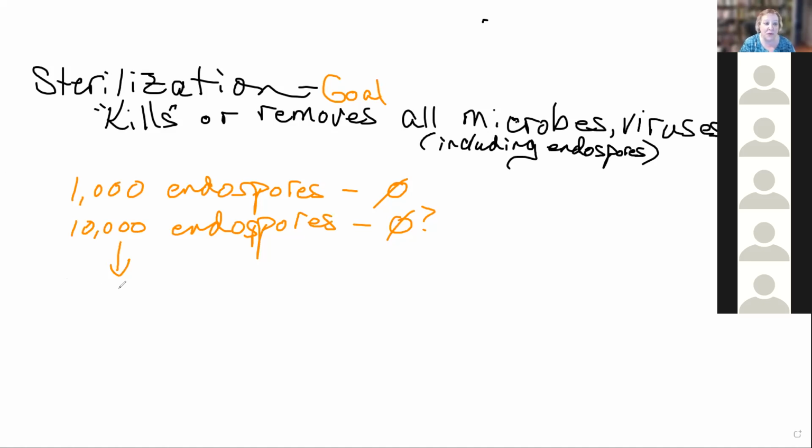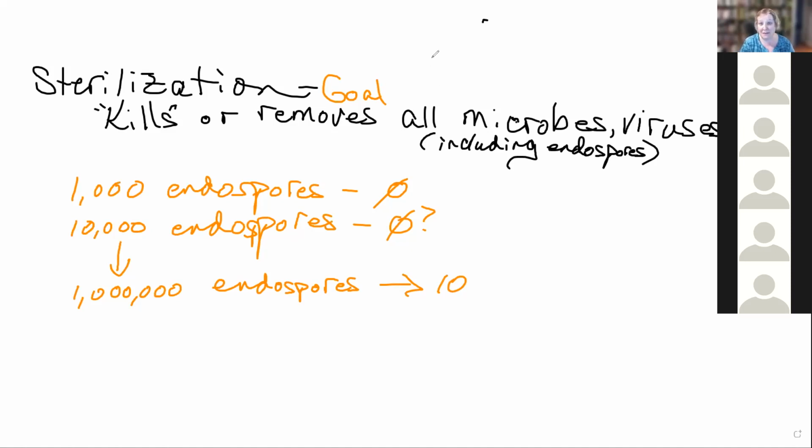Now I can prove that if I put 10 million endospores through the procedure, and consistently I only get 10 out, that I can prove. You kind of see where I'm going, why you can't prove a negative.